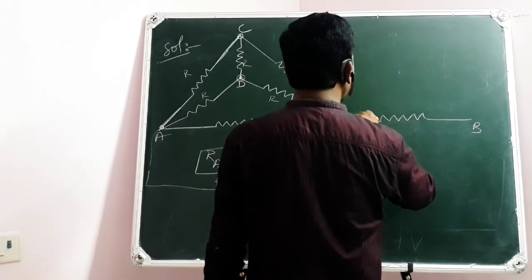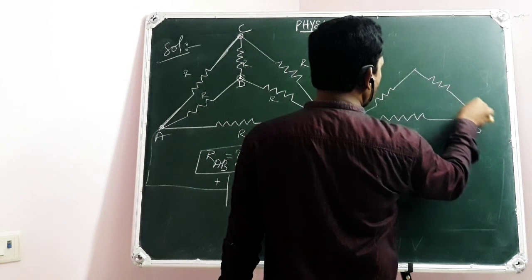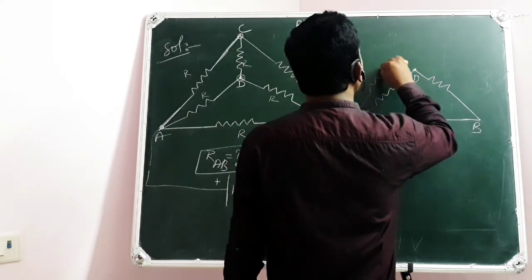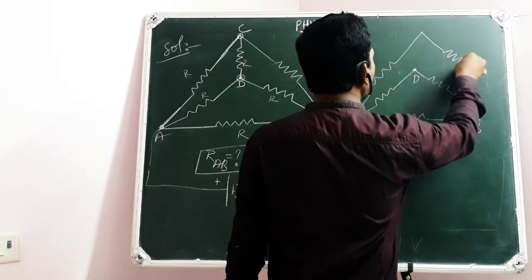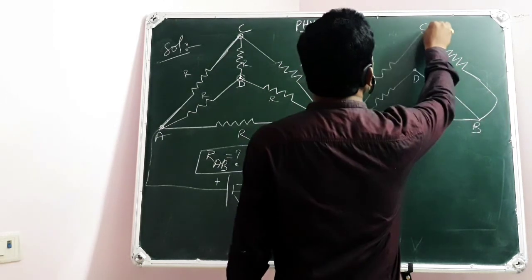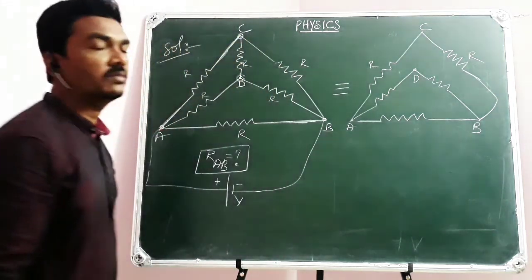Just remove the resistor between C and D. This is D here.